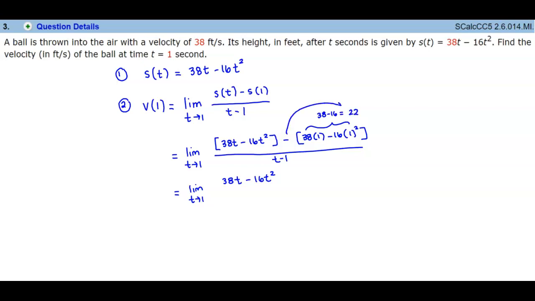But then we've got to distribute the sign. So that gives us minus 22 over t minus 1. Okay, now let's just go ahead and rearrange this to be negative 16t squared plus 38t minus 22 all over t minus 1.